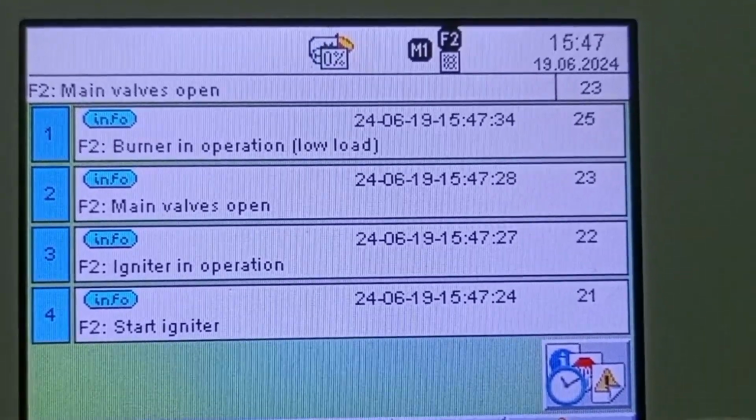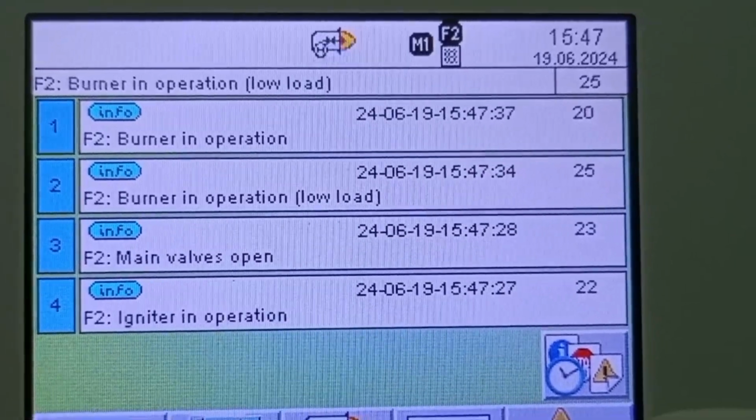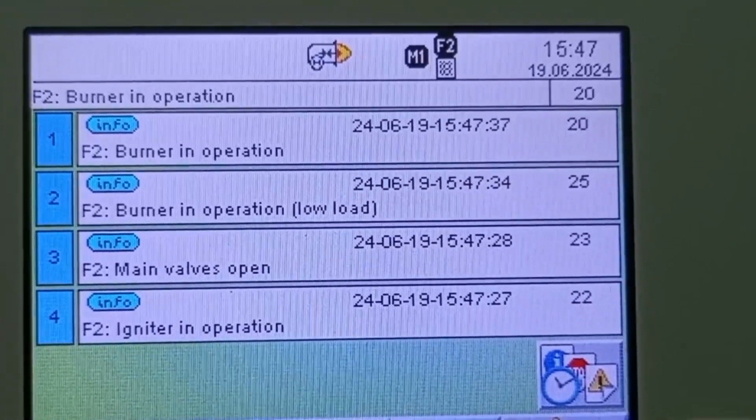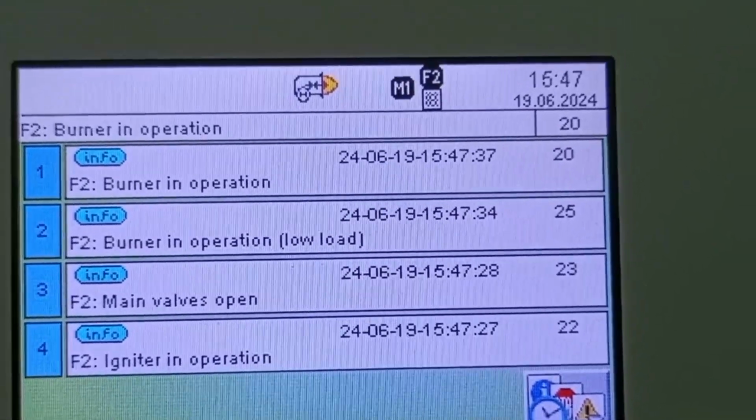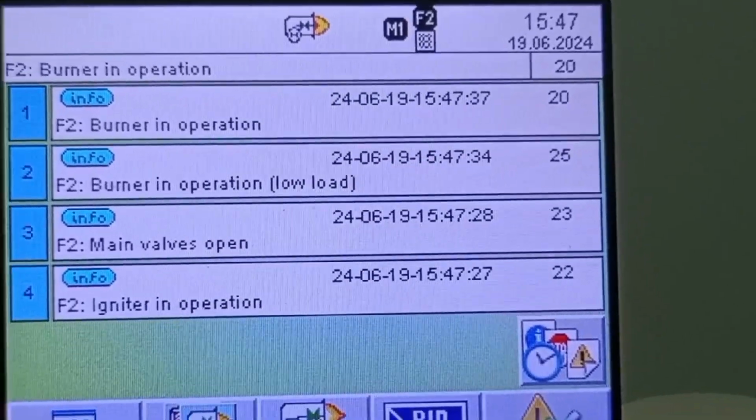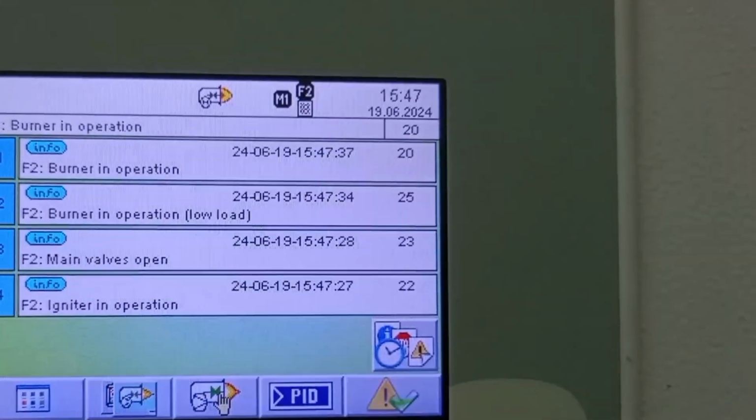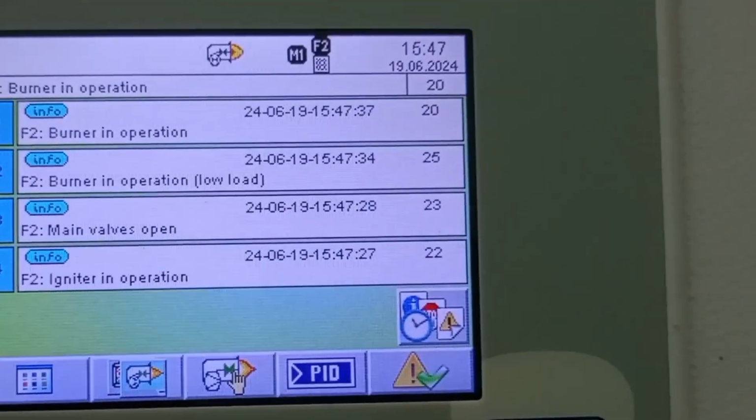Then the ignition flame is detected, and after that the main gas flow control valve is opened. Now the boiler is started and it is in operating condition.